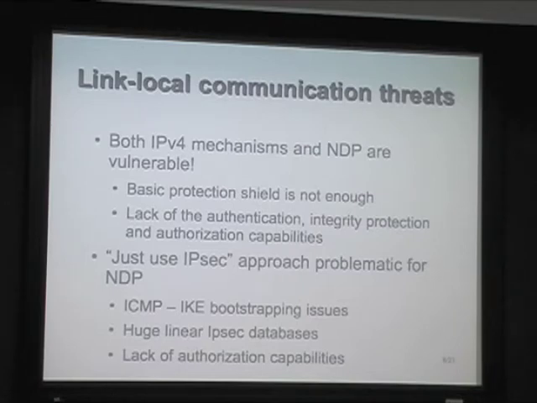But neighbor discovery has some basic protection shield. For example, one of the things that it does is put a restriction on the hop limit count to be 255 to prevent source address spoofing coming from outside of the link, but that's far from being enough to solve the other problems that I showed in previous slides.